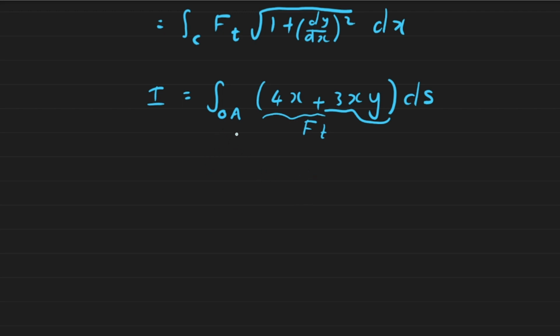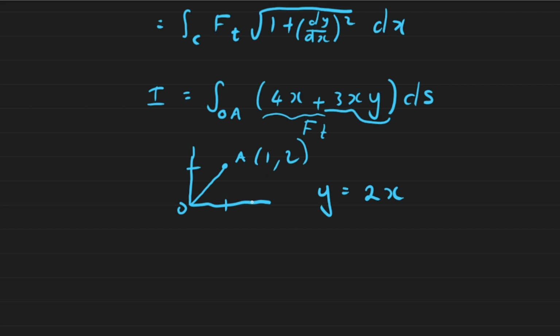We are evaluating this line integral between the origin and some other point A, where A has coordinates (1, 2), and joining OA is a straight line. So this curve is the line y equals 2x. The intercept is the origin, and it's a straight line, so y is equal to 2x.